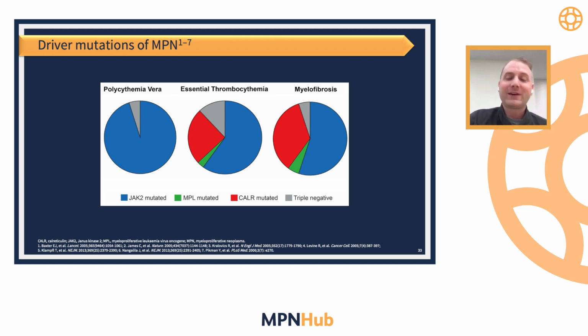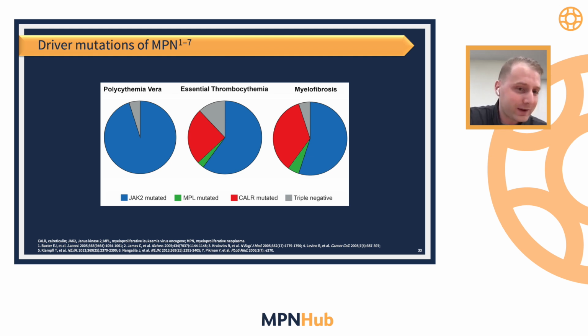But even though these diseases are very different, we find the same driver mutations in all of these subtypes of MPN, namely mutations in JAK2, mutations in MPL, and mutations in CALR. All of these subtypes of MPN disease are associated with these driver mutations.